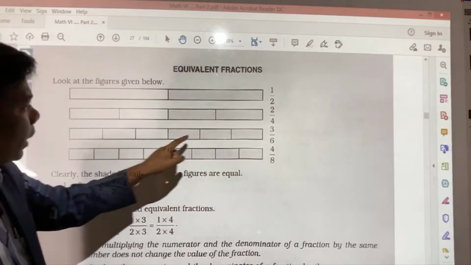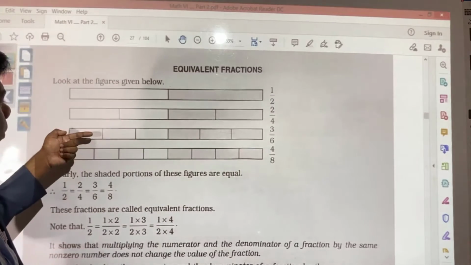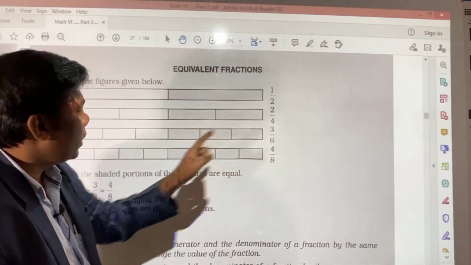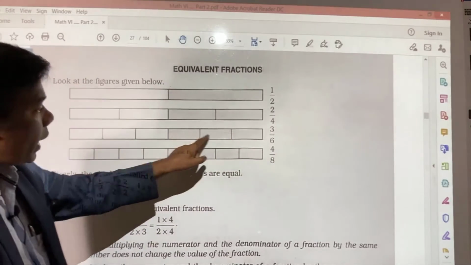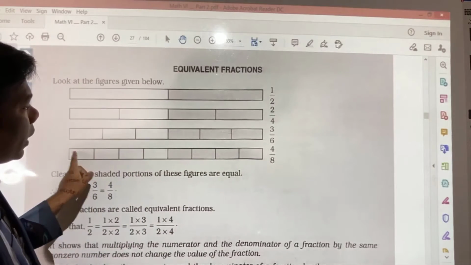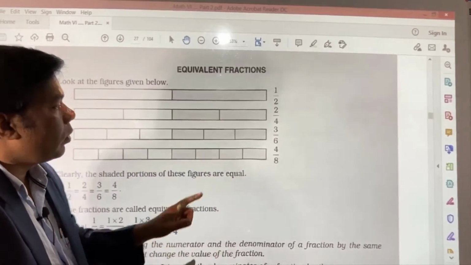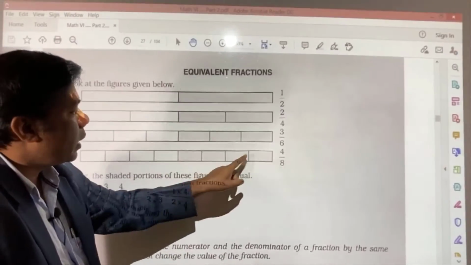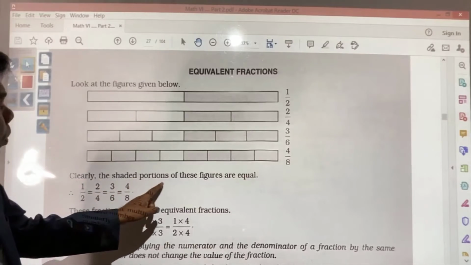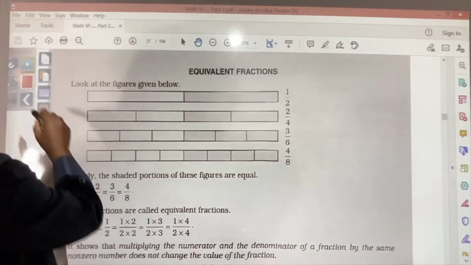The same whole portion has been divided into 6 equal parts, and 3 parts have been shaded. Here the same whole has been divided into 8 equal parts, and 4 parts have been shaded, that is 4 by 8. So clearly the shaded portions of these figures are equal.